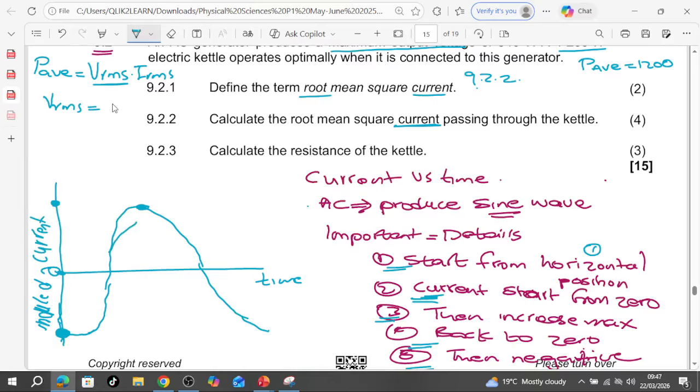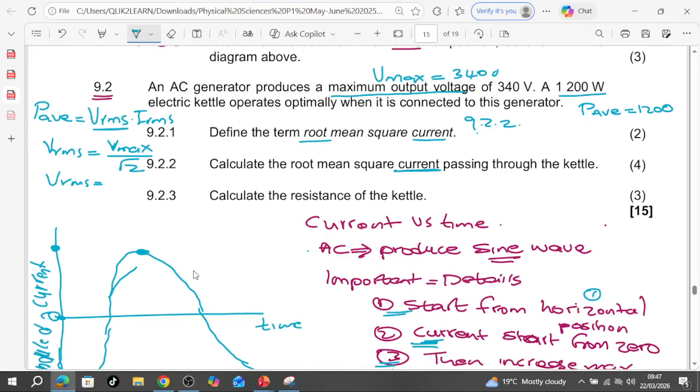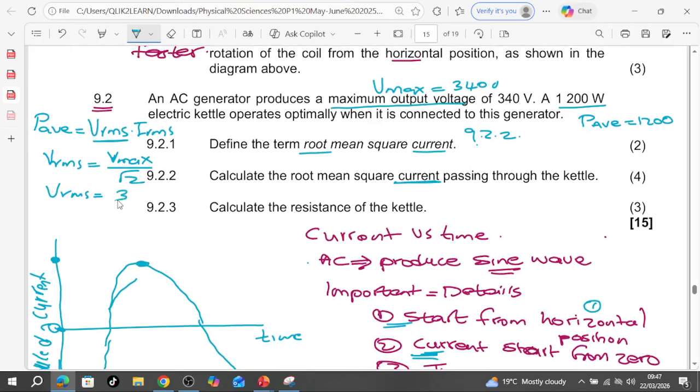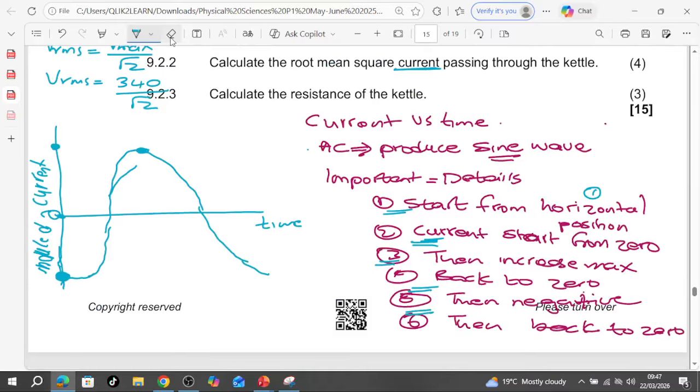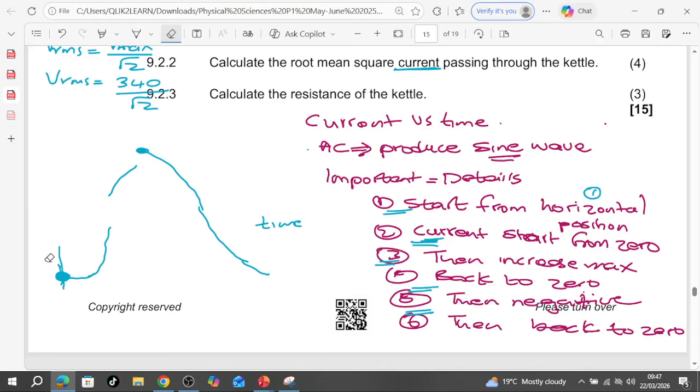So this is Vmax divided by the root 2. VRMS will be equal to, Vmax was given as 340. So this will be 340 divided by the root 2. I need you to take a moment, punch that on the calculator.